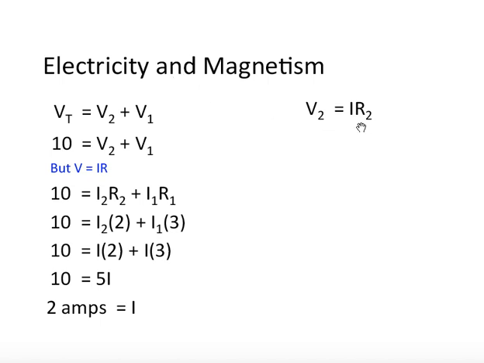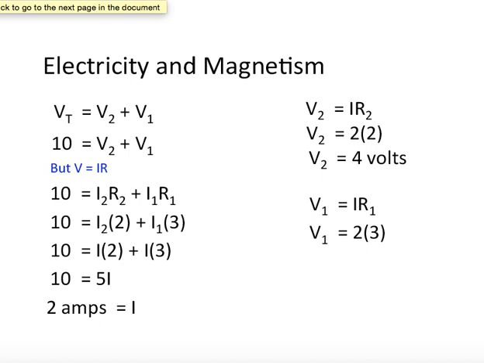V is equal to I times R. 2 times 2, that's 4 volts. So the voltage of load 2 is 4 volts. Once again, using the same formula, V equals IR. 2 times 3 is 6 volts.